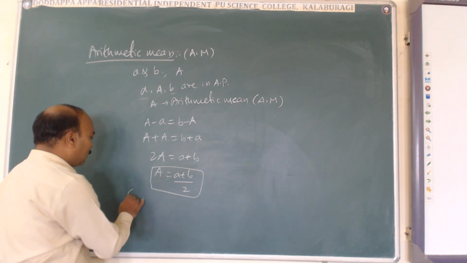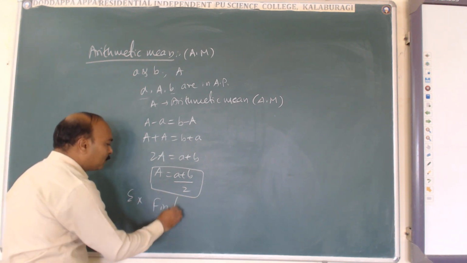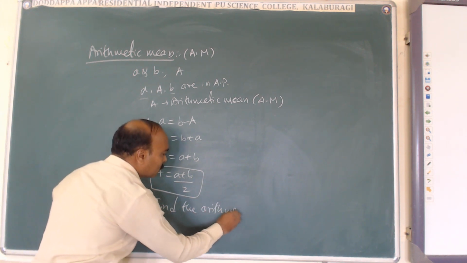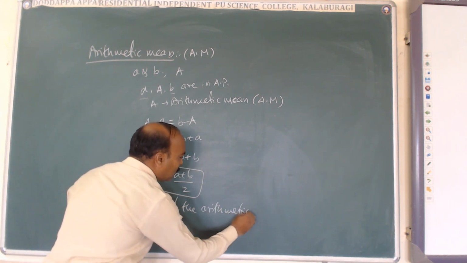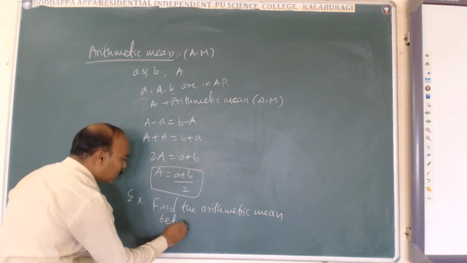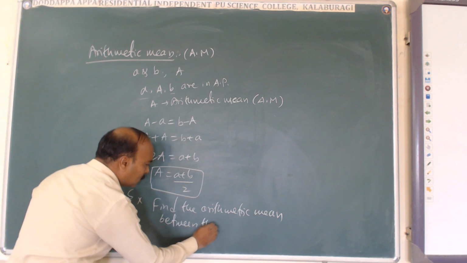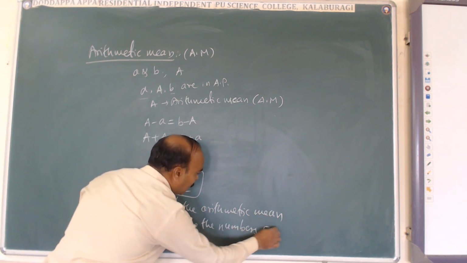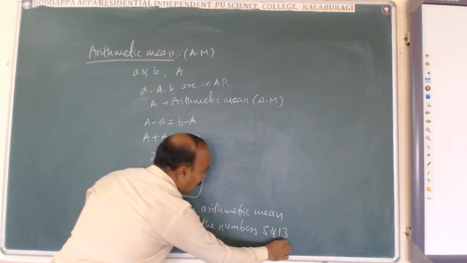For example, find the arithmetic mean between the numbers 5 and 13.